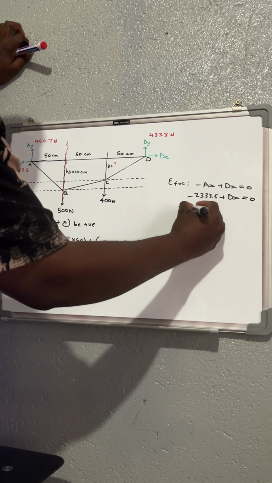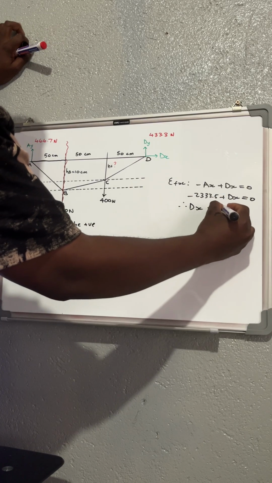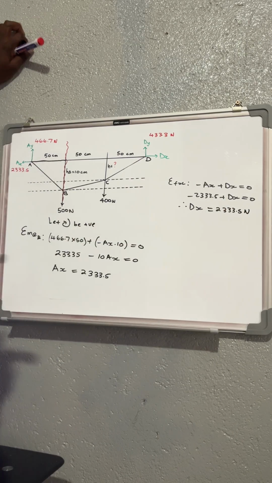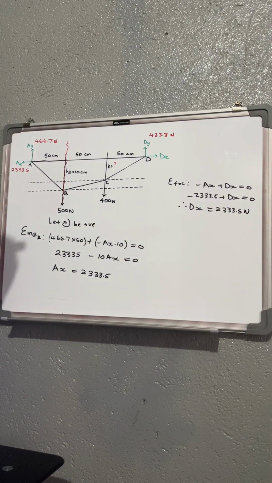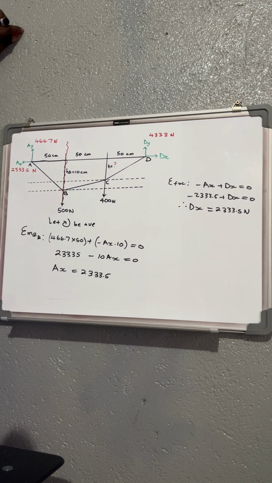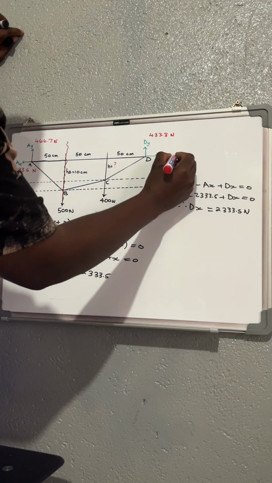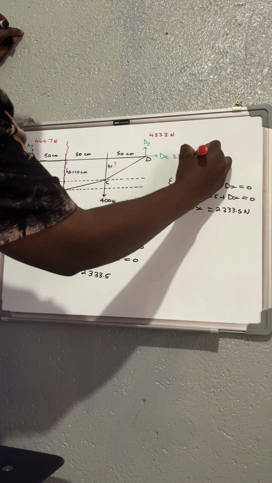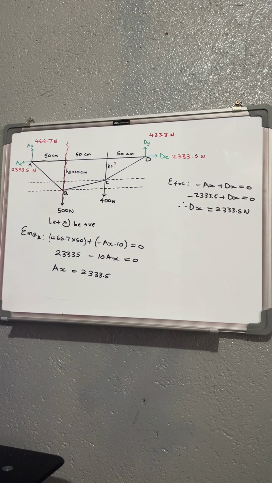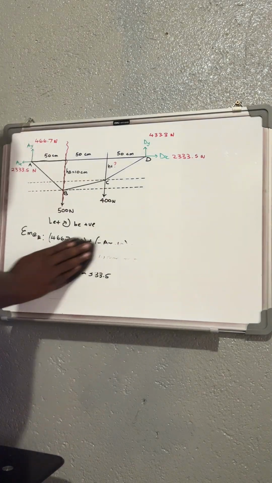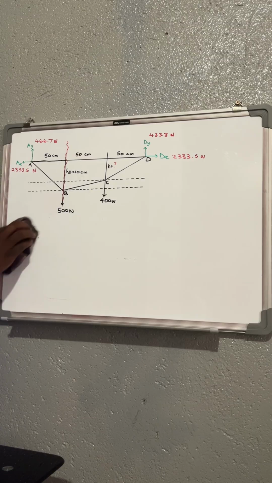Therefore, you can just say your DX is equal to 2333.5 Newton. Remember, this is in Newton. So you can also come here and say this is your 2333.5 Newton. See, so you've done those parts.